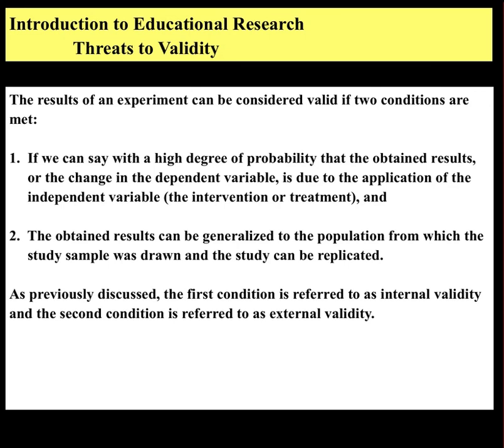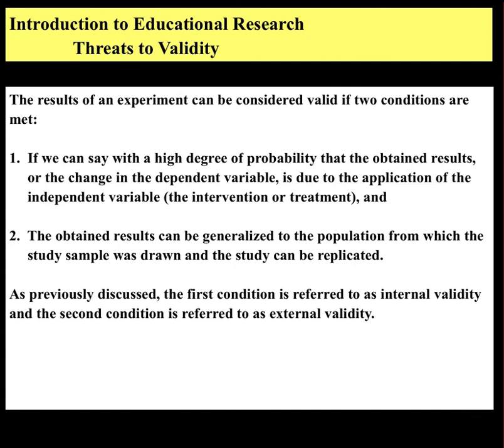Let's do a quick review here. The results of an experiment can be considered valid if two conditions are met. One, we can say with a high degree of probability that the obtained results, or the change in the dependent variable, is due to the application of the independent variable, the intervention or the treatment.